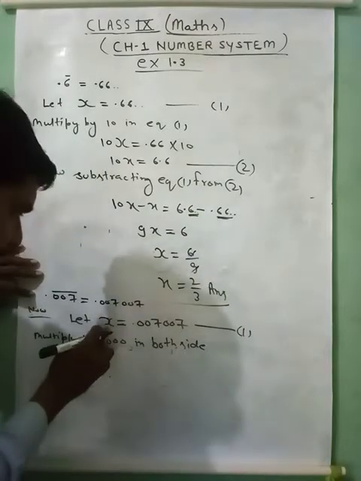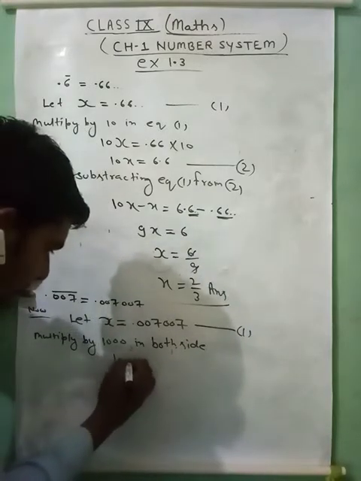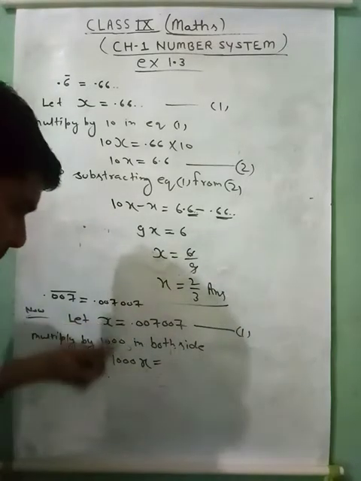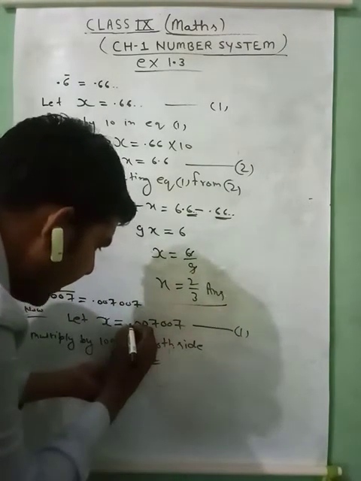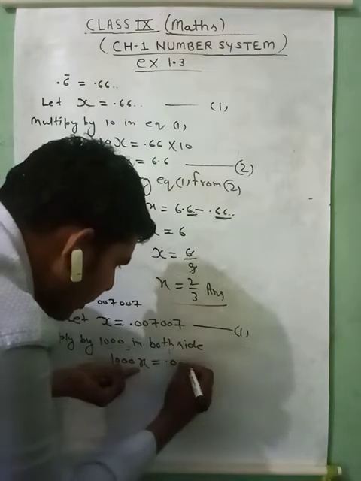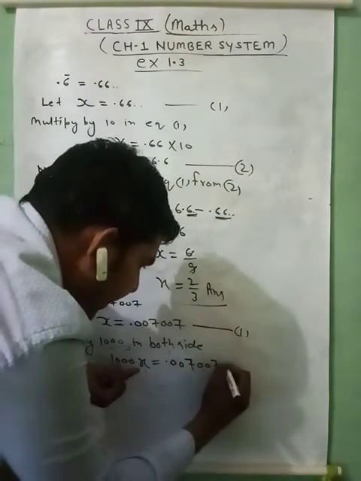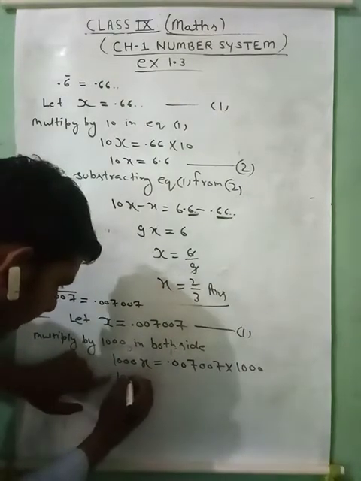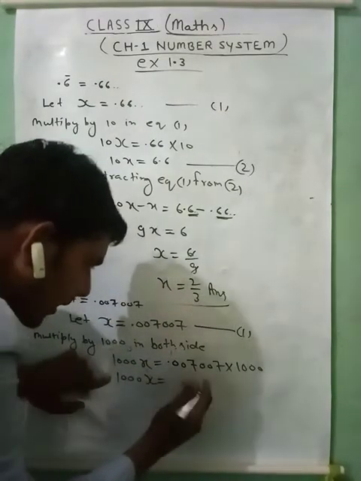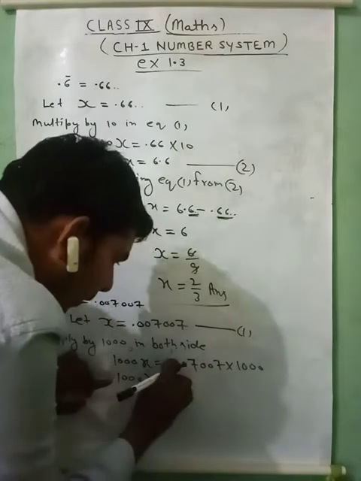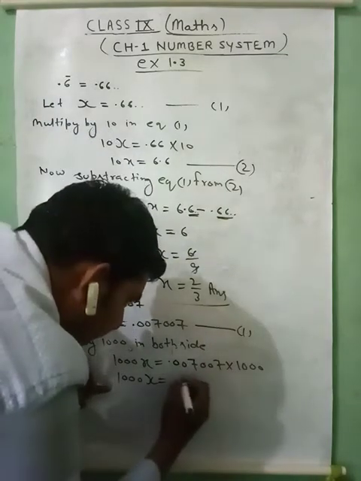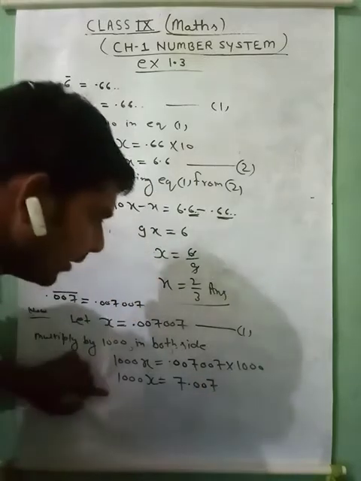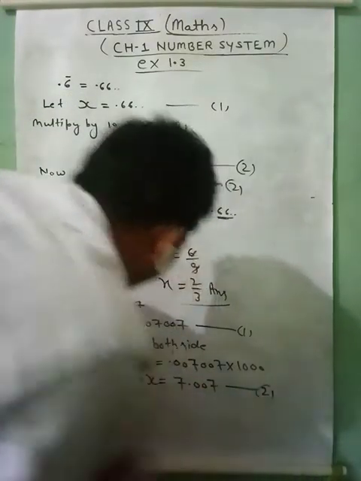It will be 1000x is equal to 0.007007 into 1000. So 1000x is equal to, here the point will go to the right side after 3 digits, so it will be 7.007. It is equation second.